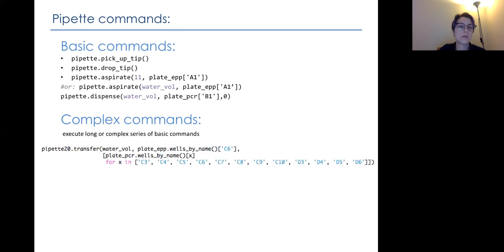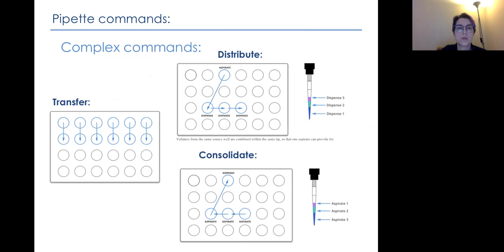Then there are also some complex commands such as transfer. And transfer includes to pick up and to drop. So to pick up the tip, to aspirate and to drop. So we have the water volume, for example, here, that we want to take from here to here. And there are different complex commands, transfer from one well to the other, or distribute, aspirate from here and then dispense, or the contrary.